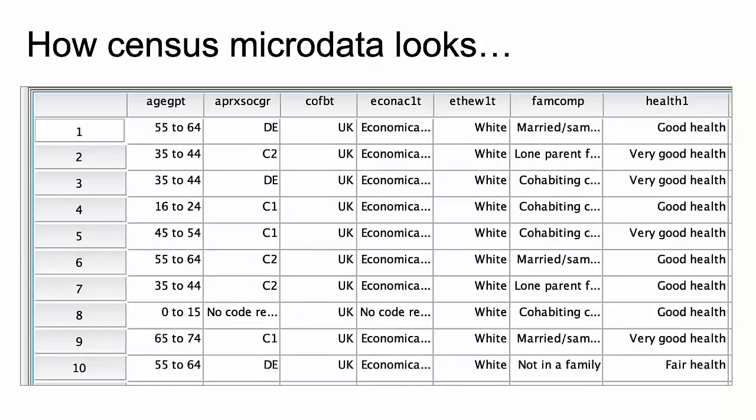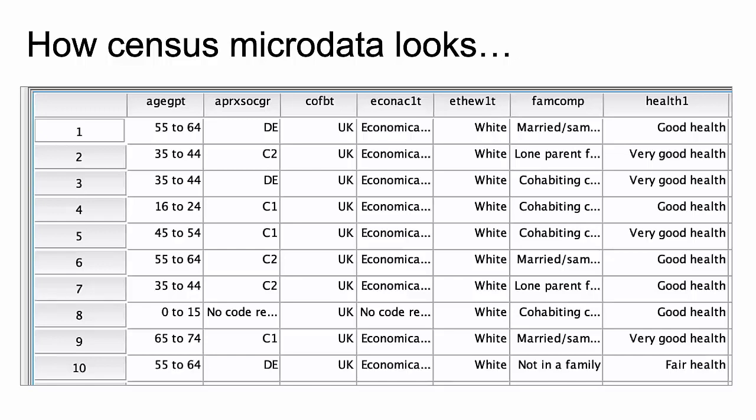This is what the census microdata looks like. This is a sample of how it looks in SPSS, and the data is from the 2011 census microdata for England and Wales teaching file. Individual records are in every row, and every column represents a different characteristic or variable for that individual.